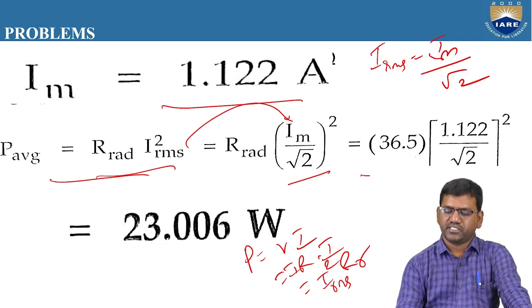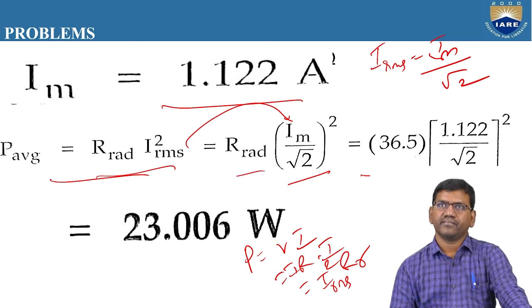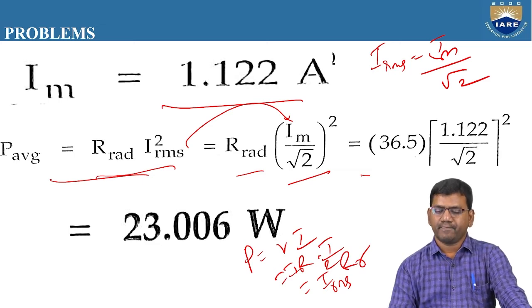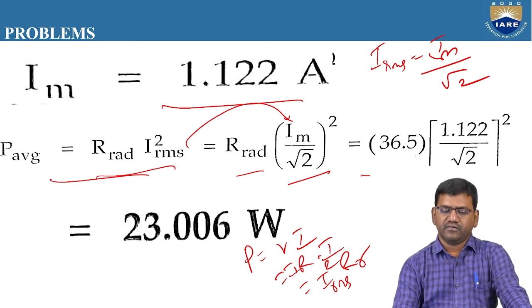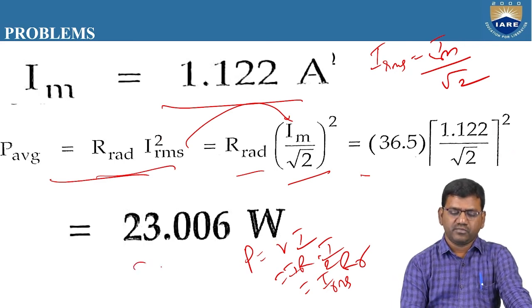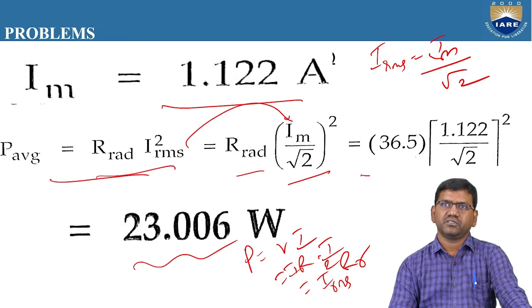So if you simplify this expression, substitute R radiation resistance, R_rad is given as 36.5, and the Im value we have calculated just now, that is 1.122 by root 2, whole squared. If you simplify, you will get 23.006 watts.